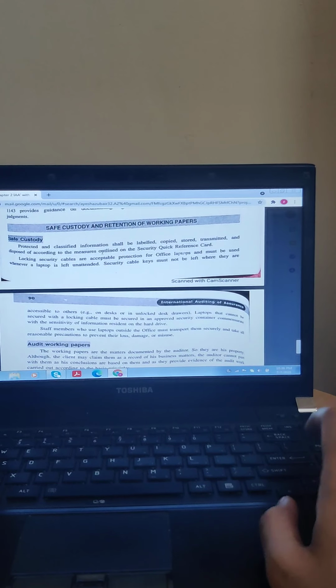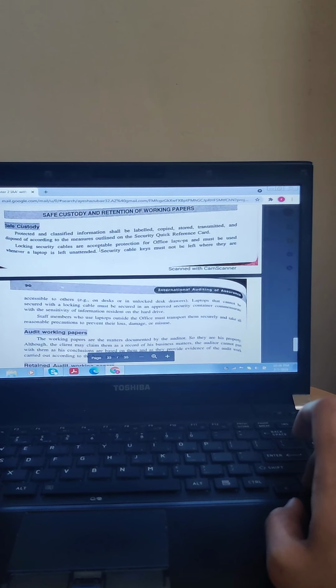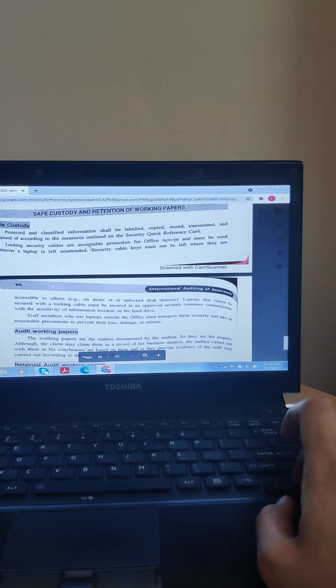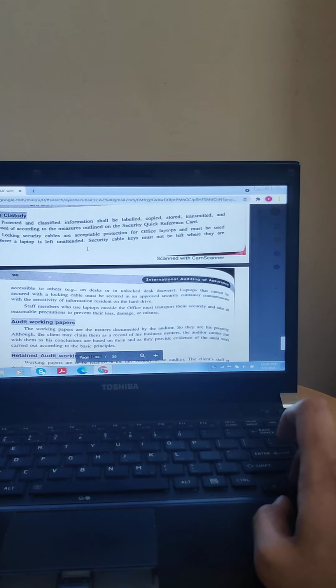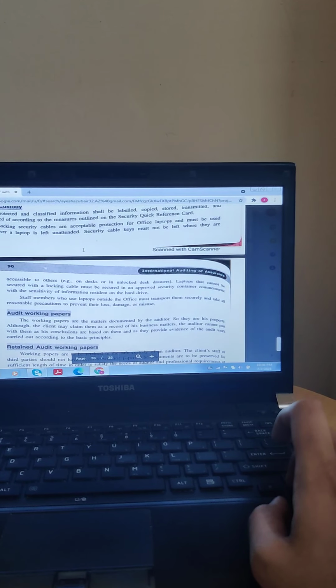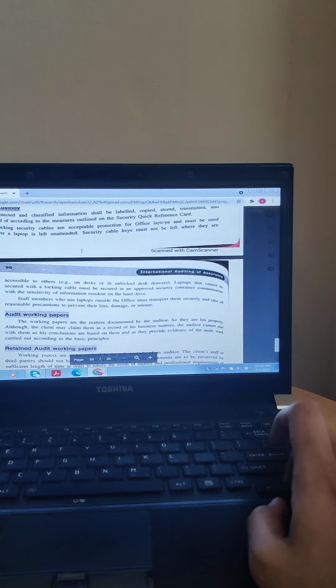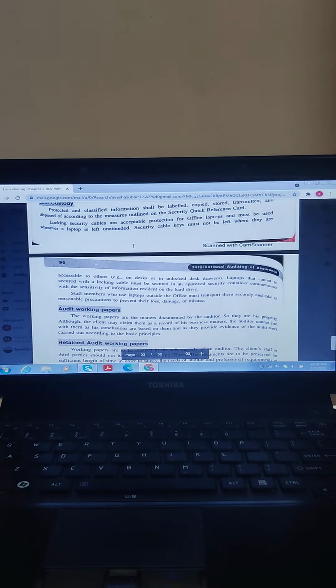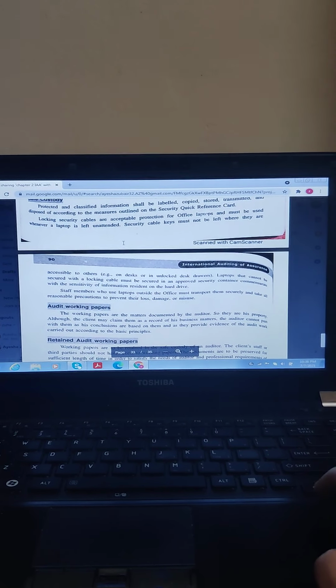Next is the safe custody and retention of working papers. Safe custody and retention of working papers means that whatever information is there will be classified and protected, and it will be transmitted. Whoever you have to submit the documents to, you will submit them, and all of this will be saved on the hard drive.